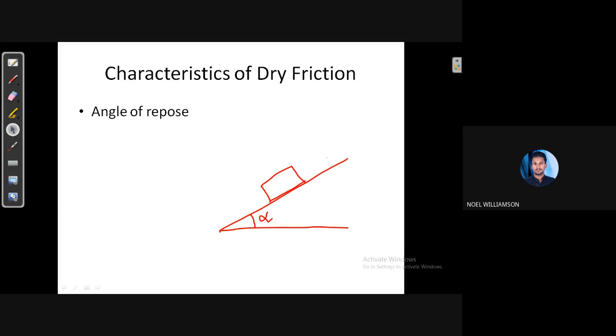Initially this body of weight W is not moving, it is stationary or at rest. But what happens is, when the angle alpha increases from 0 up to some value, at a particular alpha, it just starts moving.